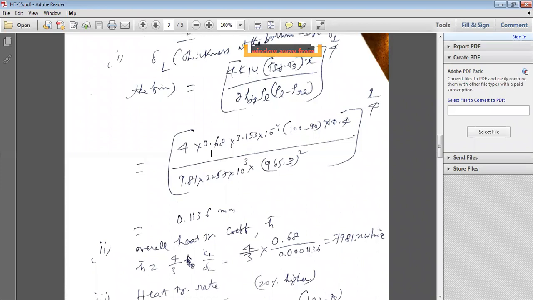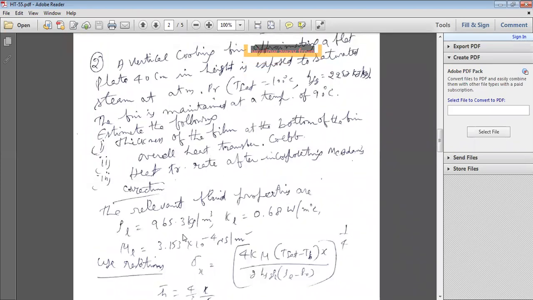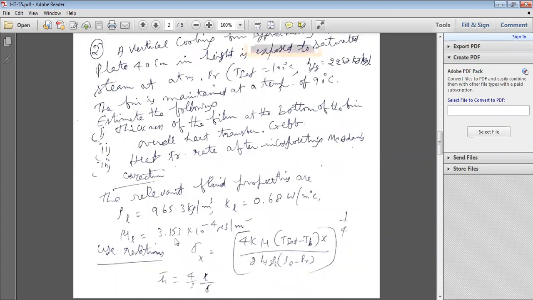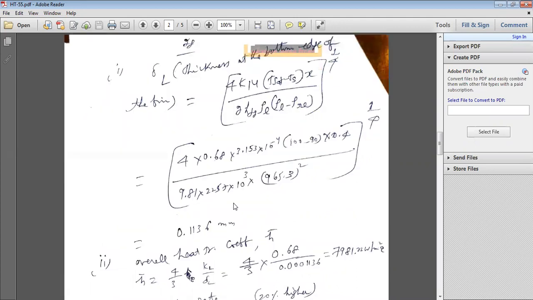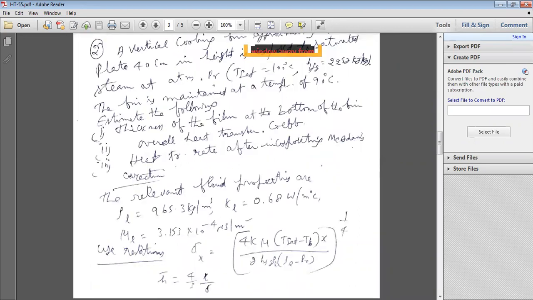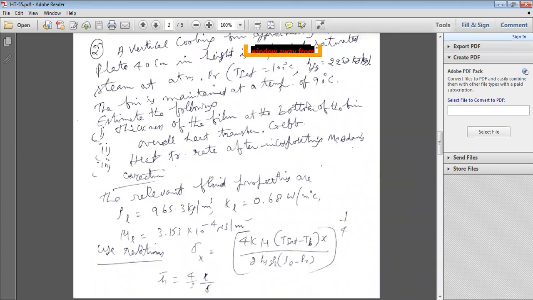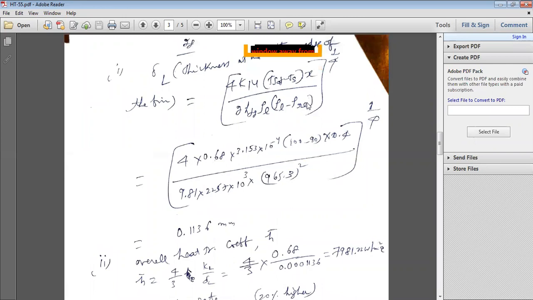So 4 into k value, here k is 0.68, mu value, here mu is 3.153 into 10 power minus 4, into T saturation, that is 100 degrees centigrade, minus the surface temperature, the fin is maintained at 90 degrees centigrade, into x value.